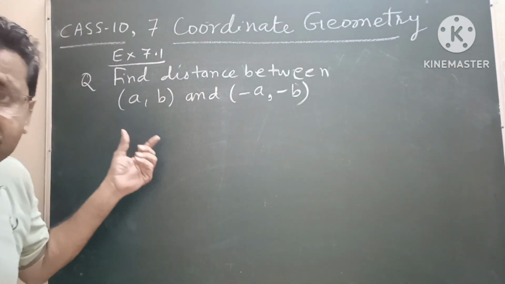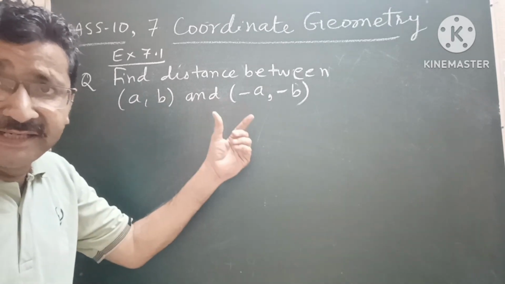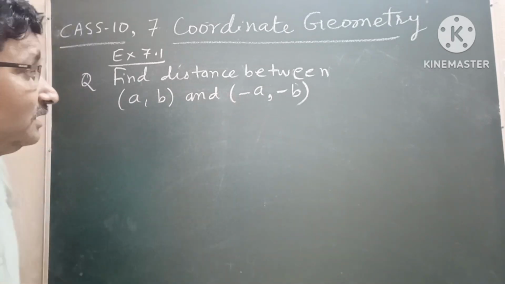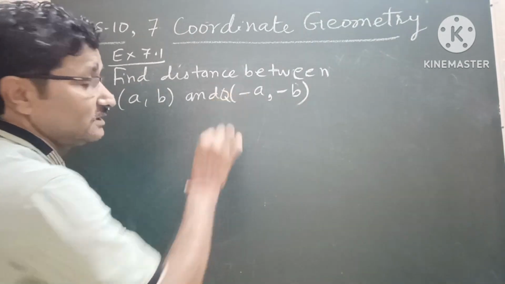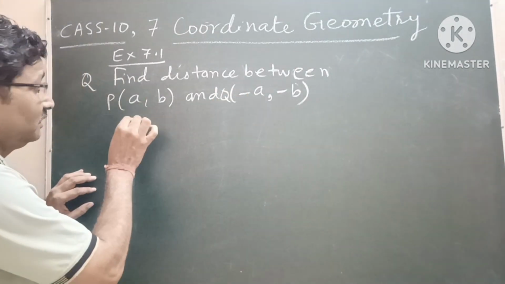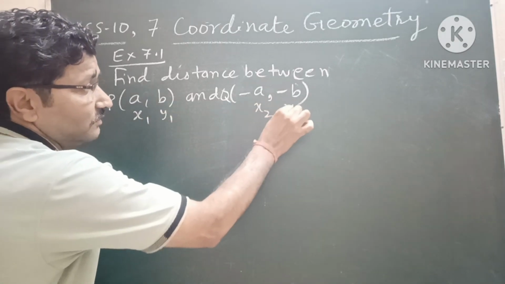We take one more question here, you can check. The first point is A, B and the second point is minus A, minus B. So first we say this is the P point, second we say this is the Q point. Now this is x1, y1 and this is x2, y2.